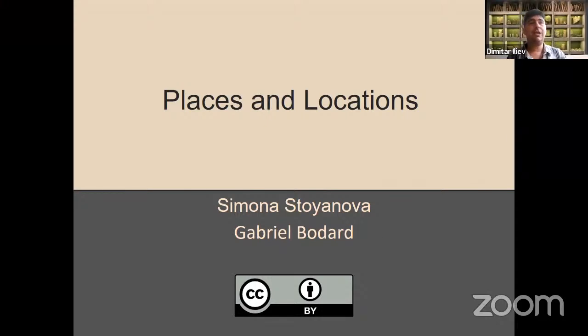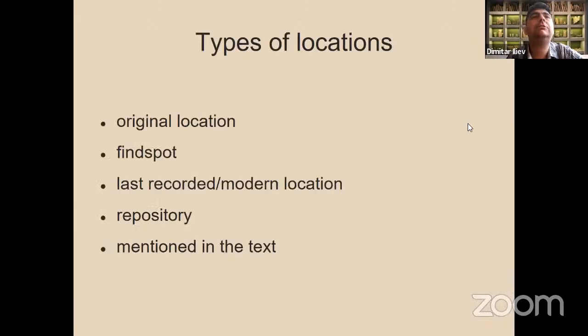So places and locations, and you can have the need to designate a specific place or location in several places in your XML document. So we'll probably pass through them all. There are the following types of locations, broadly speaking.